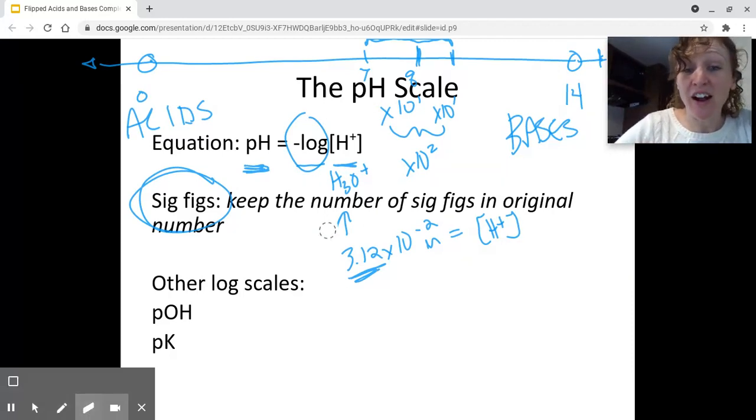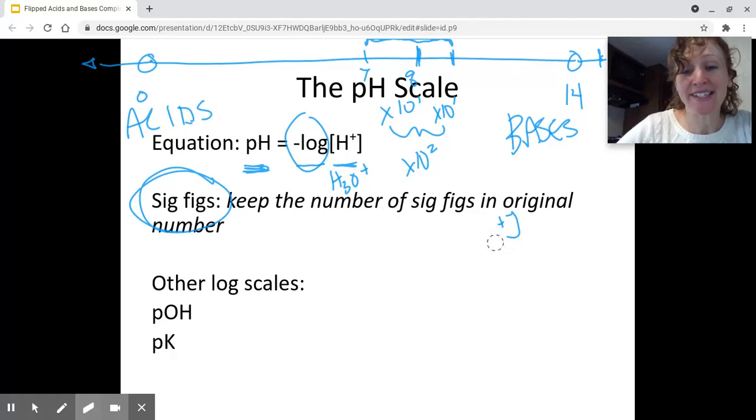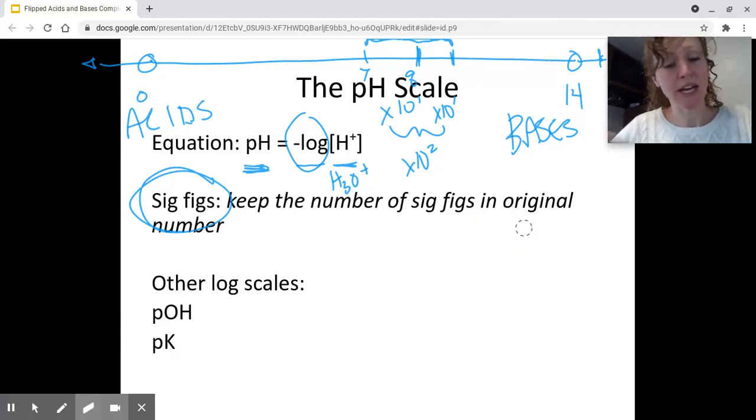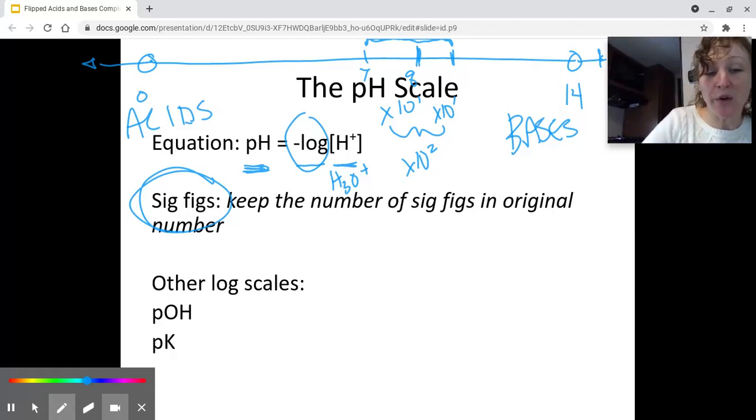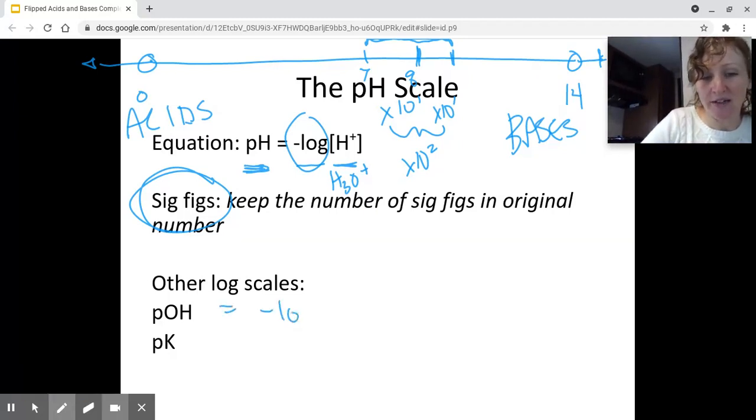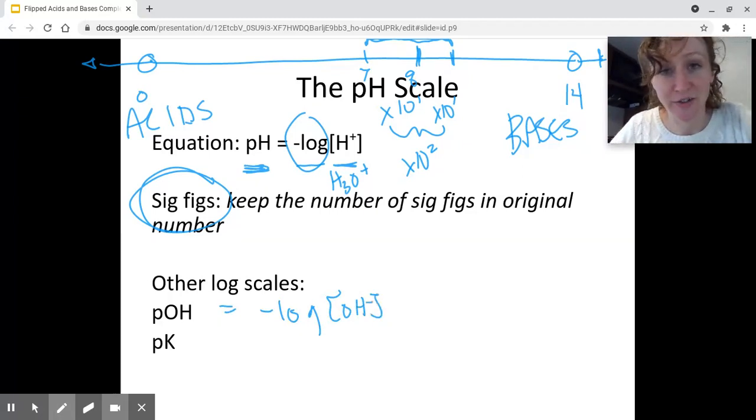Okay, there are other log scales. So notice this is pH, right? Well, we can also have a pOH. So a pOH scale would be the negative log of the concentration of hydroxide ion, right? We can also have a pK scale.